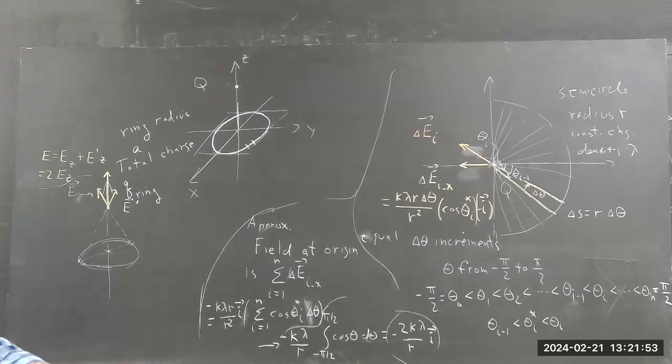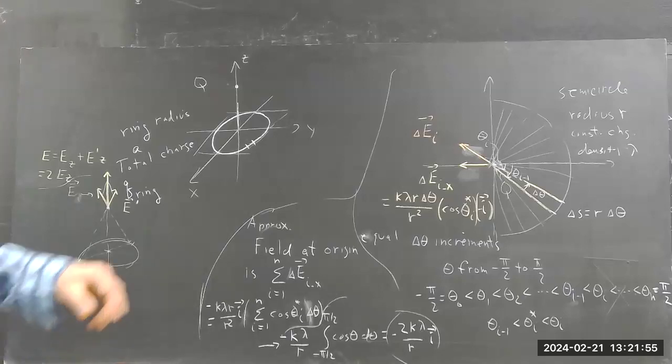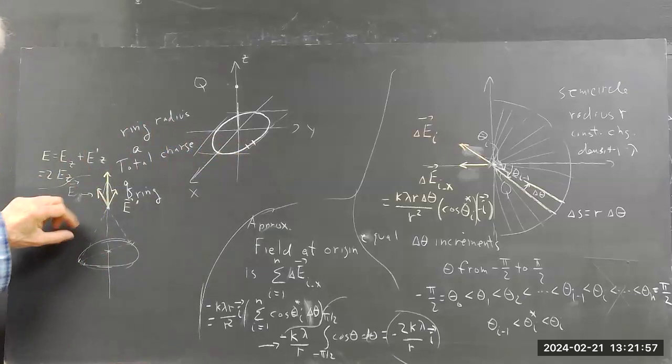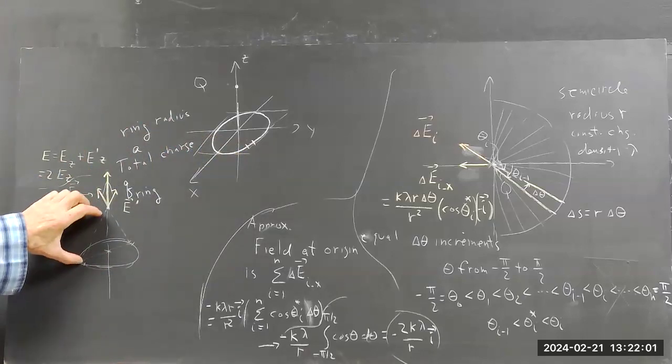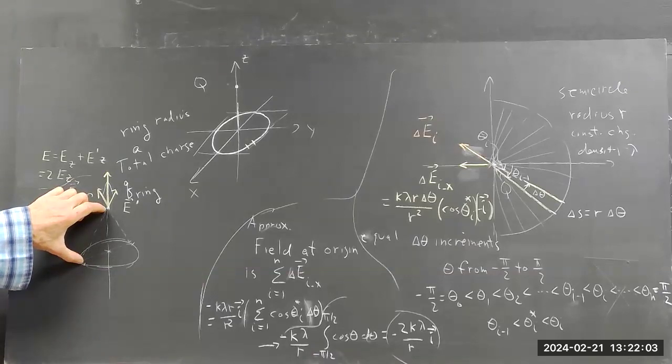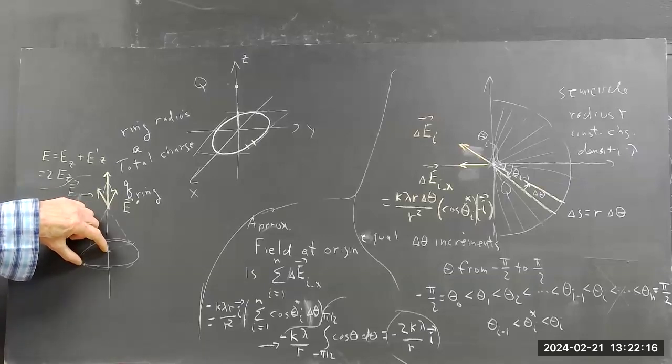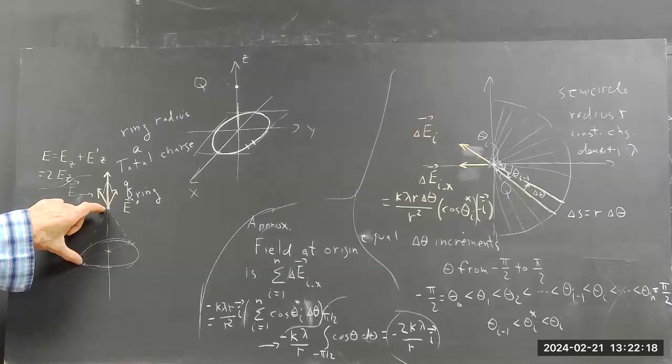Because the angle of your R vector, the R vector going from increment to field point, is always going to be the same. The angle of that vector with the z-axis is always going to be what? The arctangent of the radius of the circle divided by z.